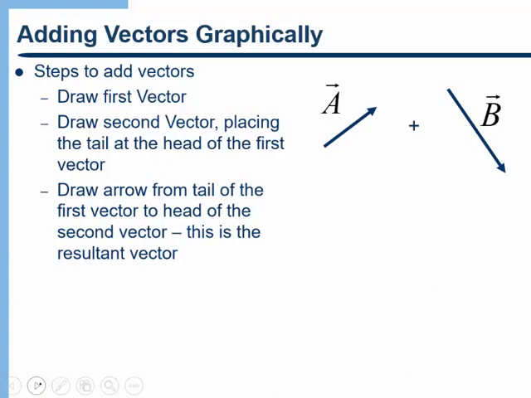Let's look at how to add vectors. We're going to learn first how to do it by drawing pictures, and then later we'll learn how to do it using components. The steps are pretty straightforward.